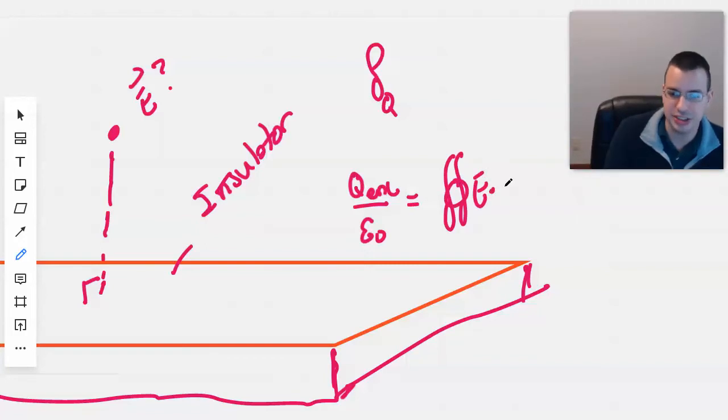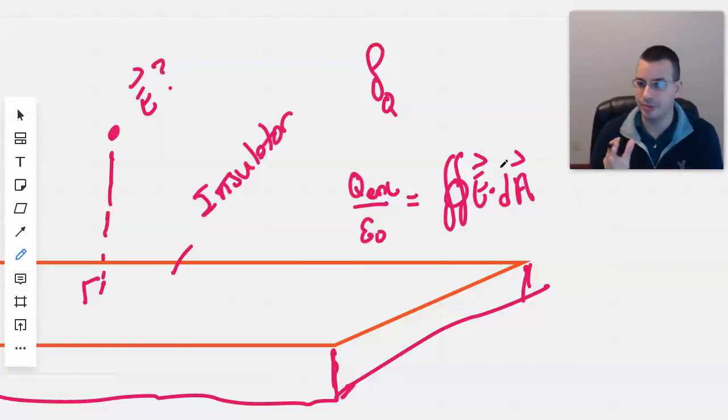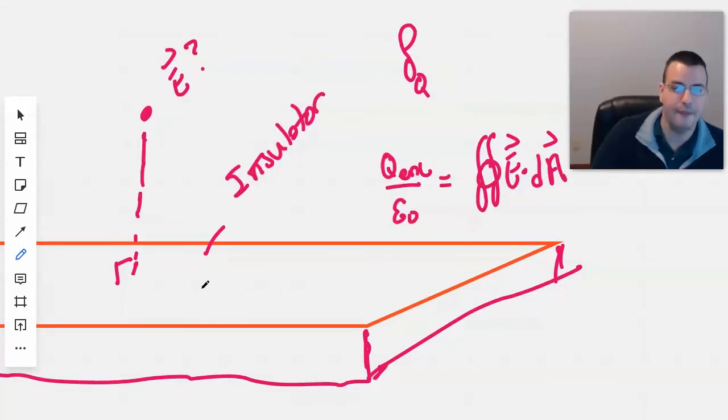Sometimes you'll see it as a single integral. I prefer it written as a double. And I would like to draw these vectors specifically when I first draw it out, because that reminds me that these are vectors and the angles are important. Specifically, we want them to be perpendicular or parallel to each other.